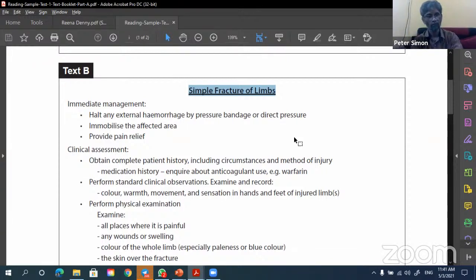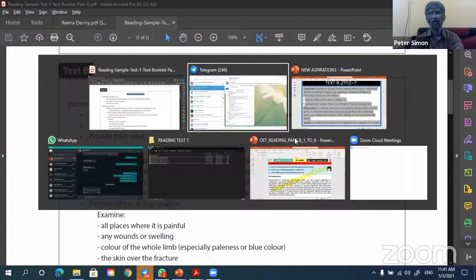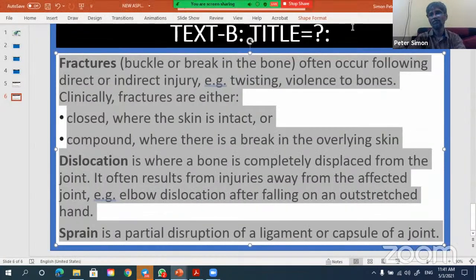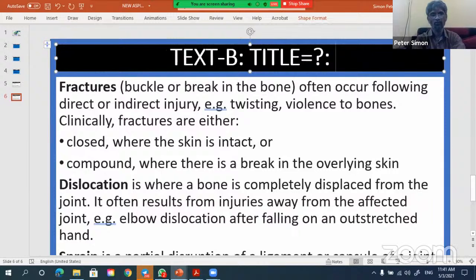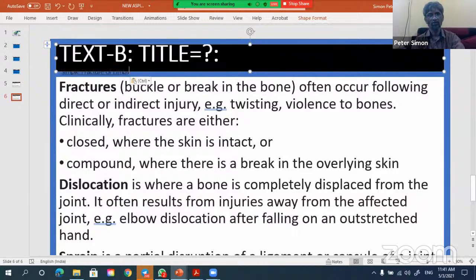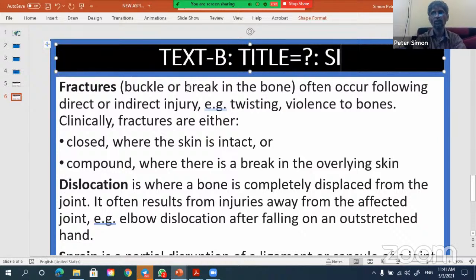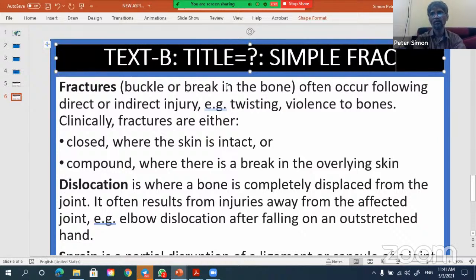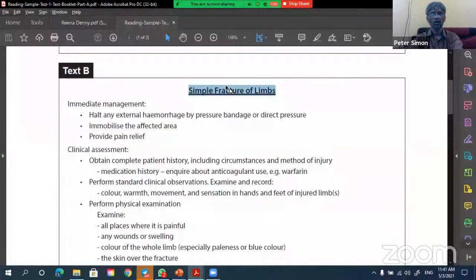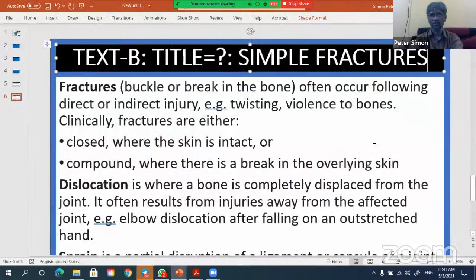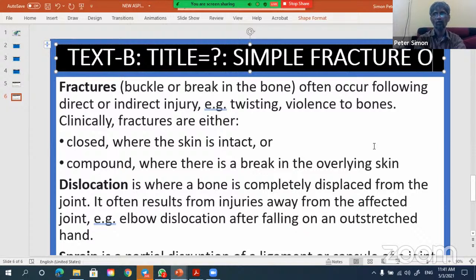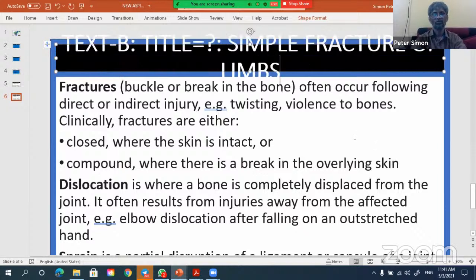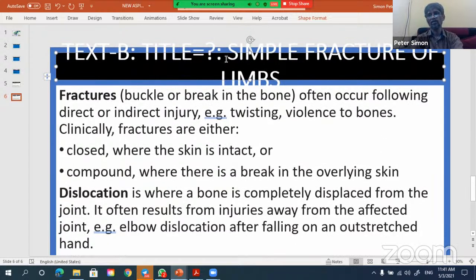Okay, right. So we got the title, simple fracture of limbs. We didn't know the title before, so we got the title now.